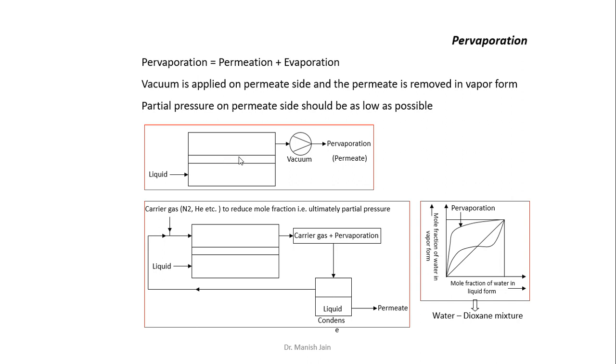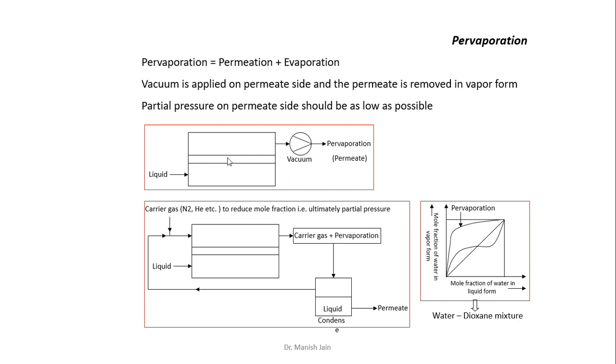For vaporization you need the latent heat of vaporization, or the energy to vaporize the component, and that energy will come from the liquid side. So whenever vaporization occurs in the pervaporation process, the temperature of the feed mixture will drop.